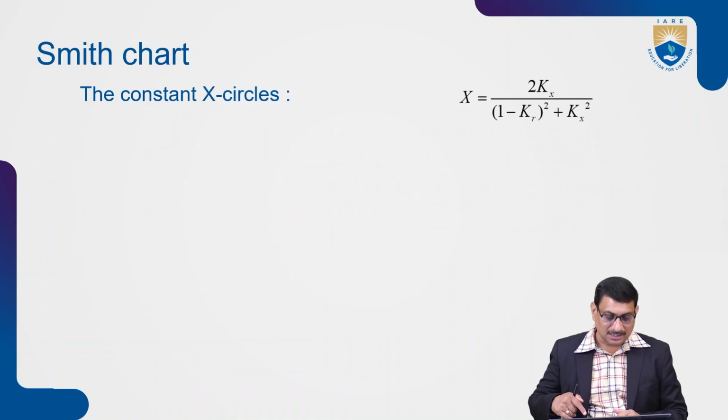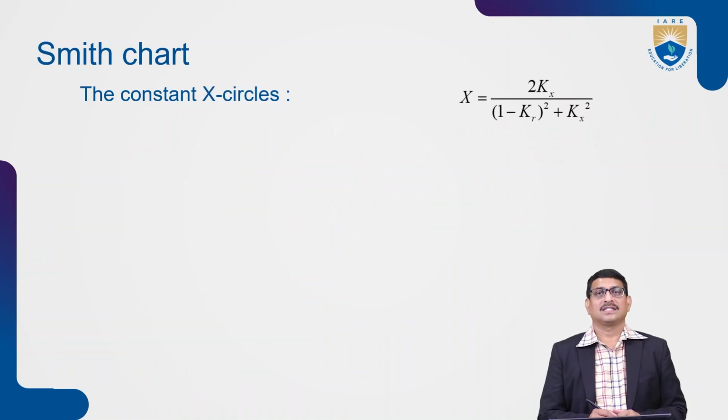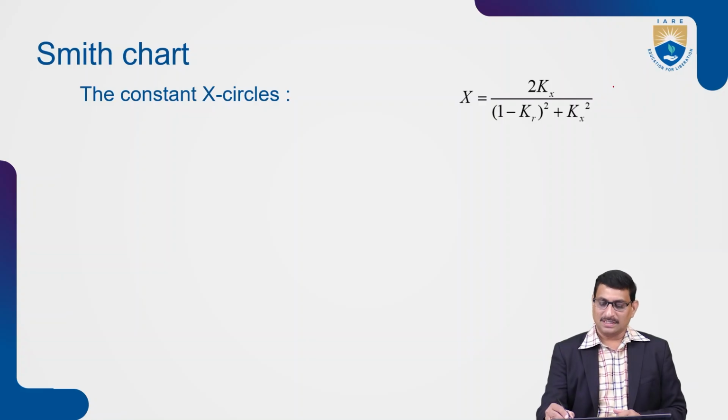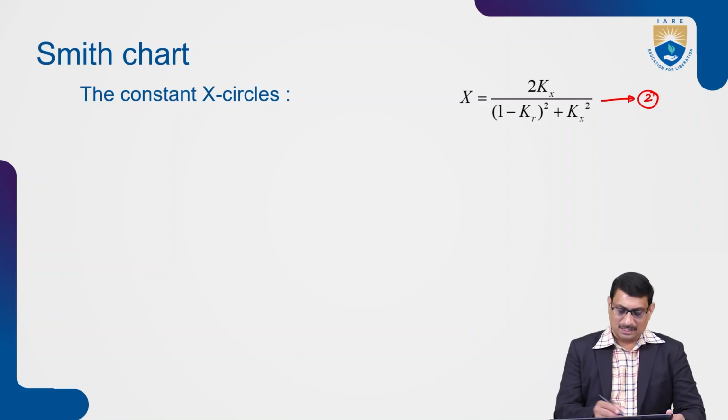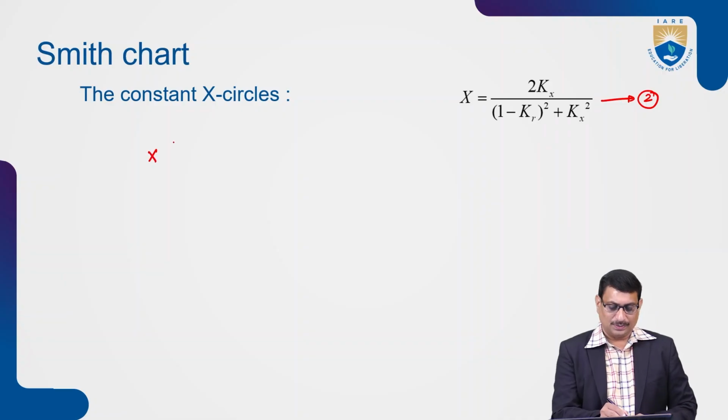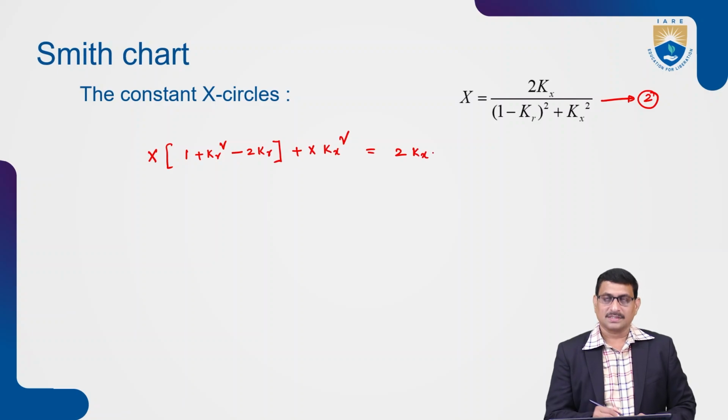Now we'll consider the constant x circles, that is, equation number 2, where x is equal to 2kx divided by 1 minus kr square plus kx square. I will cross multiply it: x into 1 plus kr square minus 2kr plus x into kx square equal to 2kx.